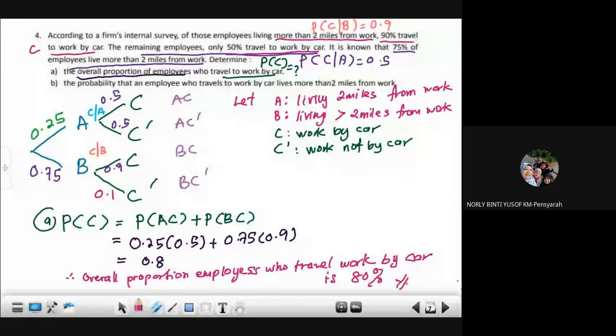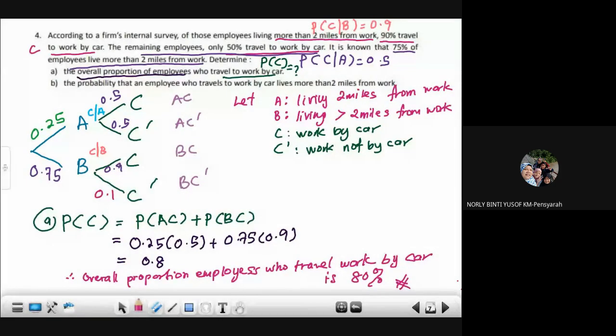That is the final answer. Because dia nak jawapan dalam percentage kan. 0.8 times 100 will give you 80%. Kalau soalan tak tanya based on percentage, then the answer will be in probability lah. Kalau tak, you hilang markah 1 lah, as you just answer in the value of probability.